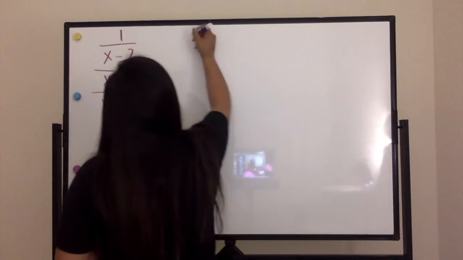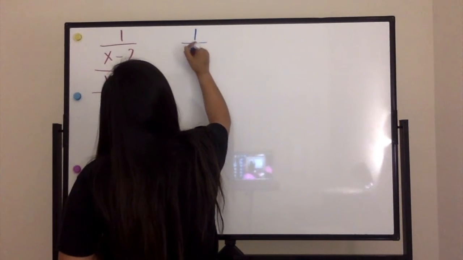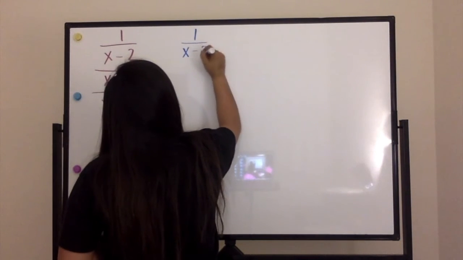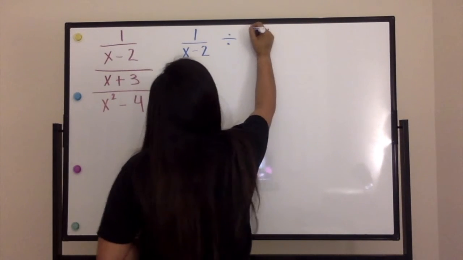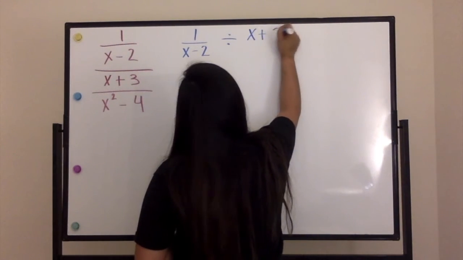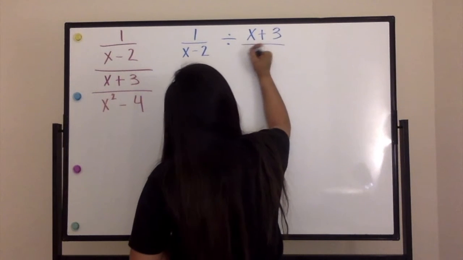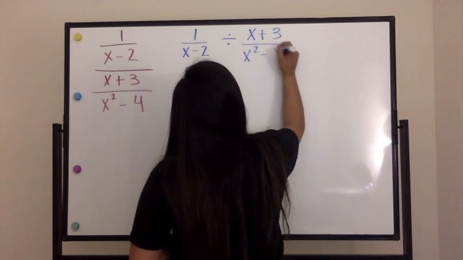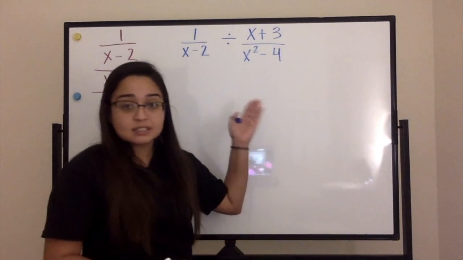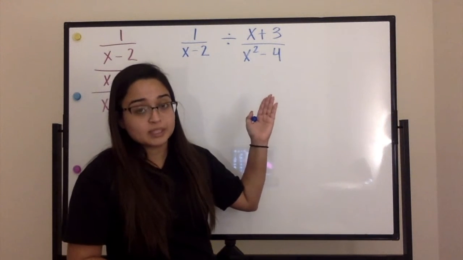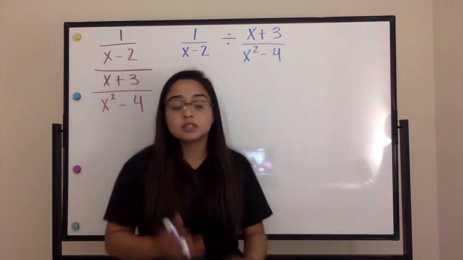So we would write it as a quotient, like this. Okay, now this looks like something that we have worked with in the past. So let's move on from here.